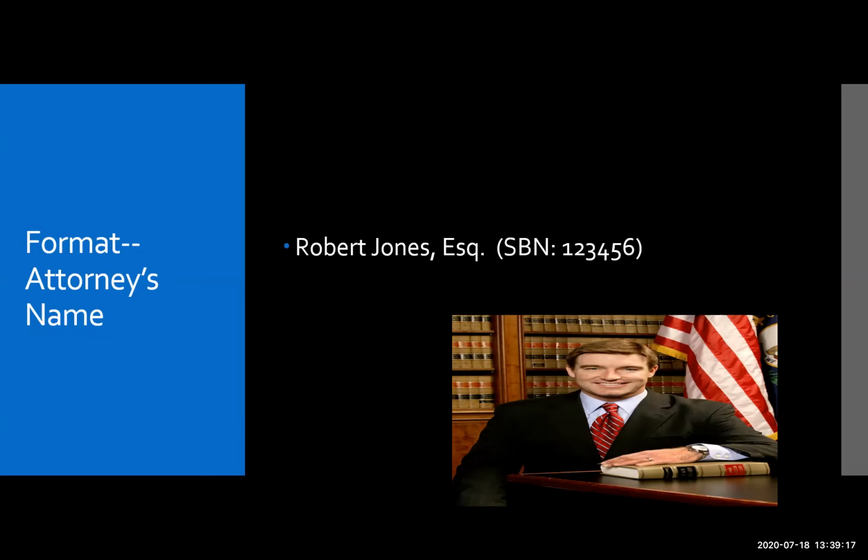Then you want a comma. Then you want Esquire, which we write as ESQ, with the E capitalized and then a period. Then there is a space and a parenthesis, then the notation SBN. SBN means state bar number.